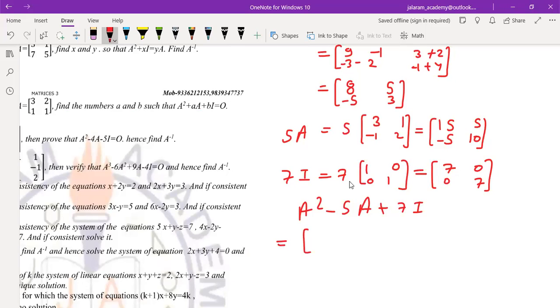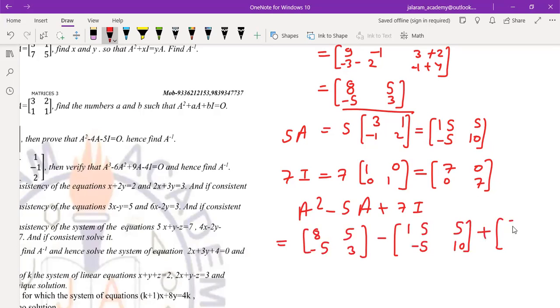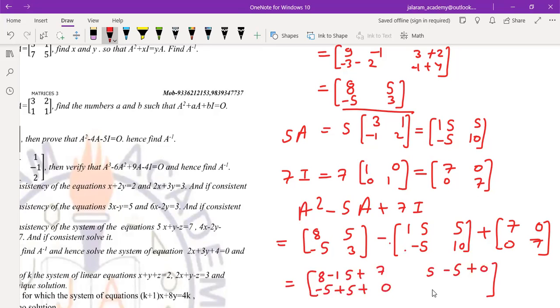A square, this is 8, 5, minus 5, 3, minus 5A, 15, 5, minus 5, 10, plus 7I, 7, 0, 0, 7 equals to 8 minus 15 plus 7, first element, 5 minus 5 plus 0, second element, minus 5 plus 5 plus 0, third element, and 3 minus 10 plus 7.